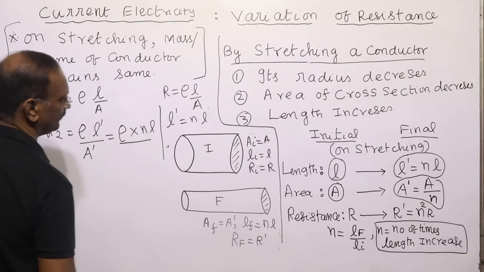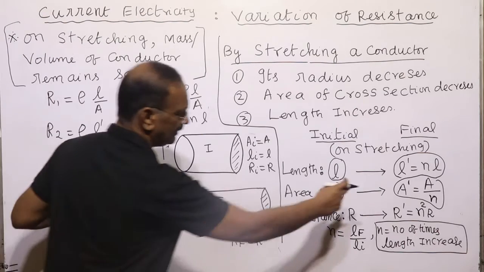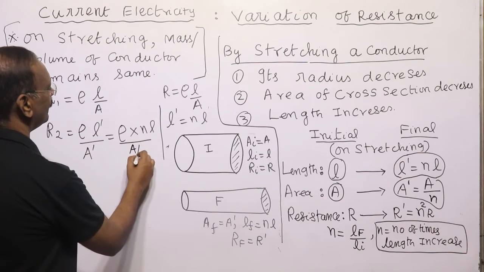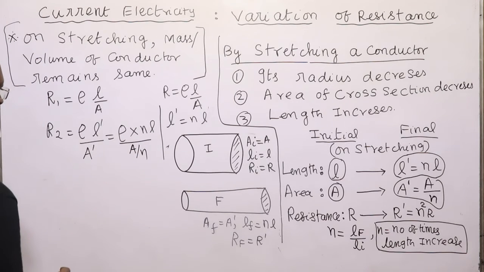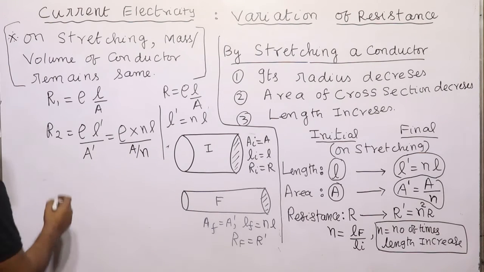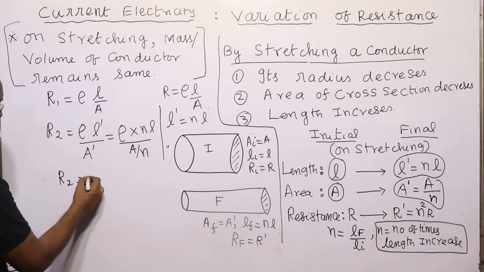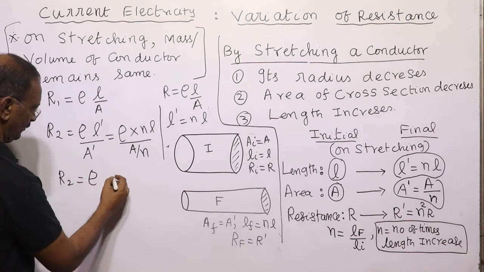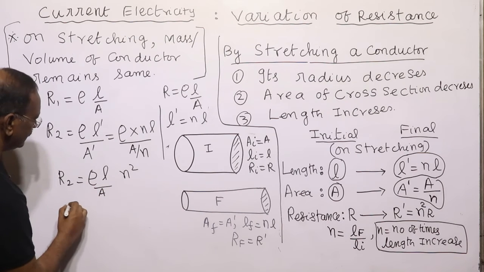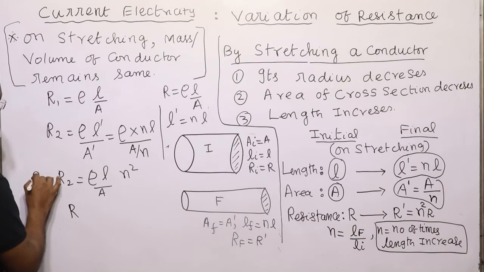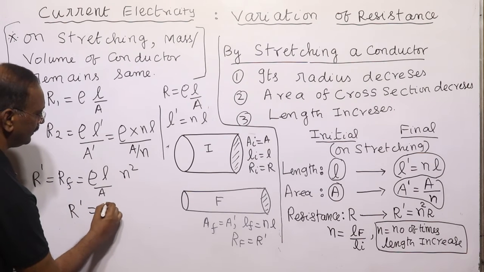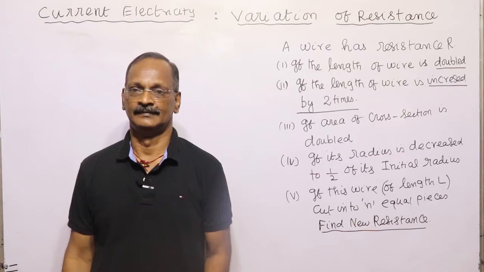A dash, the final area, is equal to the initial area divided by N, where N is the number of times the length increases. So R2 is equal to rho, this N will go on the top, N square L divided by A. Then R dash, the final R, is equal to R into N square.